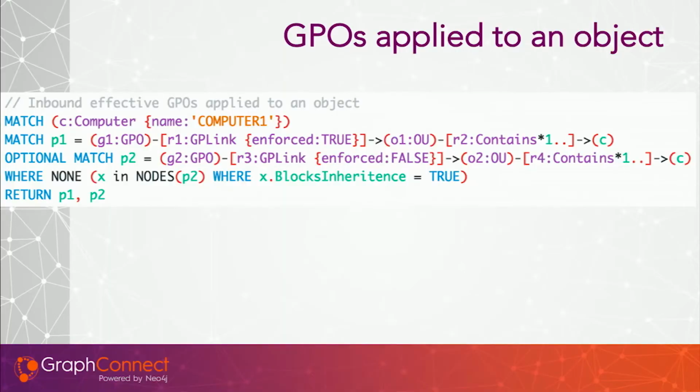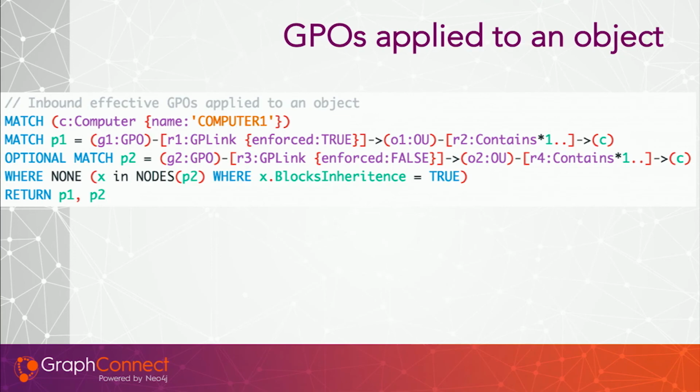From a GPO to the nodes that it effectively applies to, following this logic of GP link and block inheritance, that's relatively simple. So I can do that with match, optional match, and where from a GPO node to the resulting object nodes. And I can do that in 5 lines. So pretty simple.